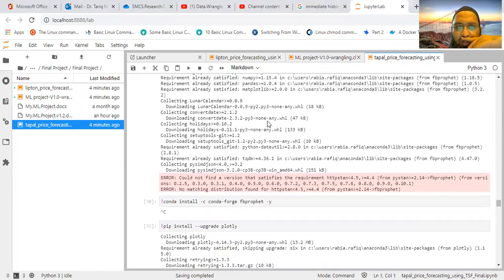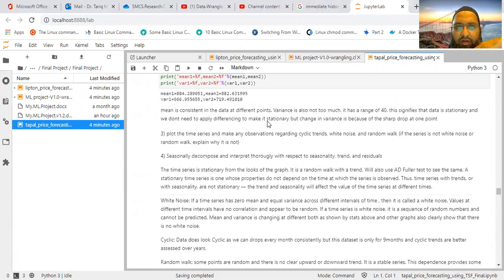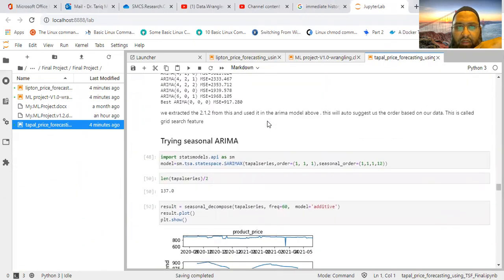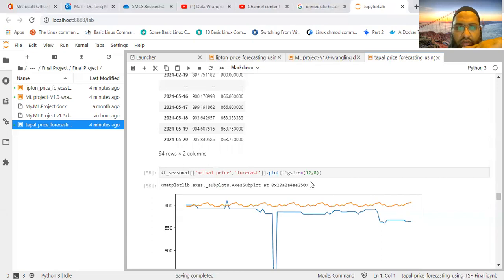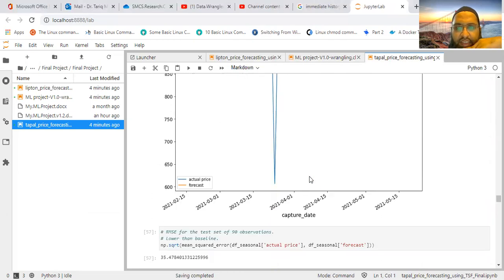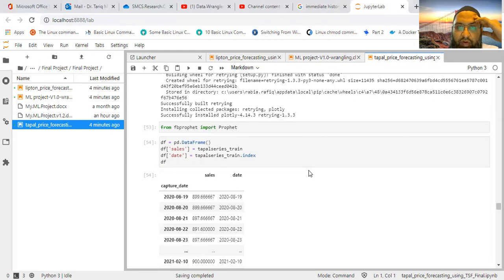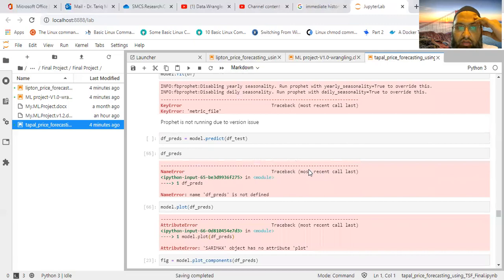Trying out Facebook Prophet. I have not seen the graph for seasonal ARIMA. Yeah, this is the typical seasonal ARIMA, but this is not a good forecast. So I think in both cases, ARIMA is winning, with respect to just one point of history initially.